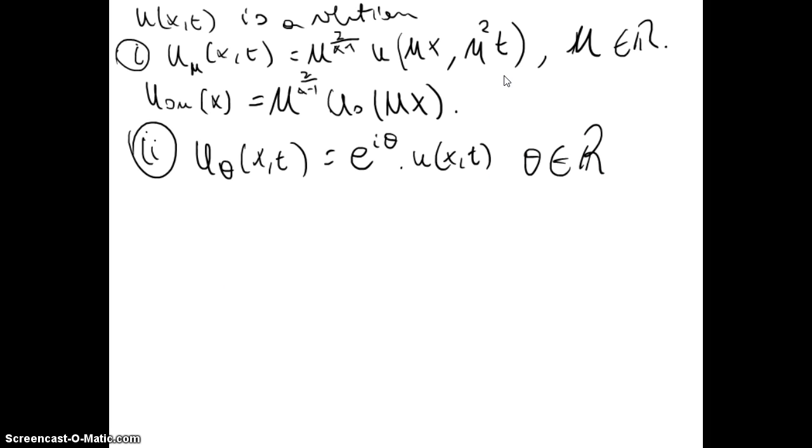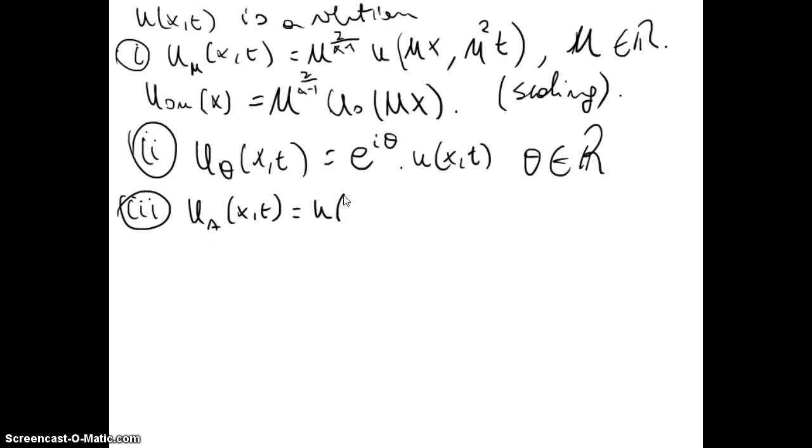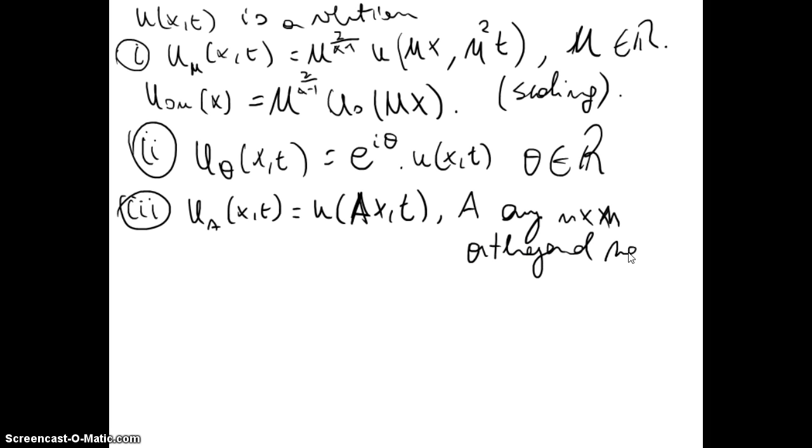Okay, I forgot to say the first one is called scaling. The third one, u_A(x,t) is going to be equal to u(Ax, t), A any square orthogonal matrix.